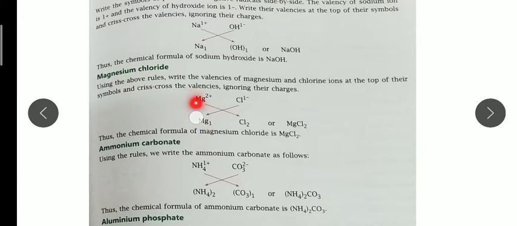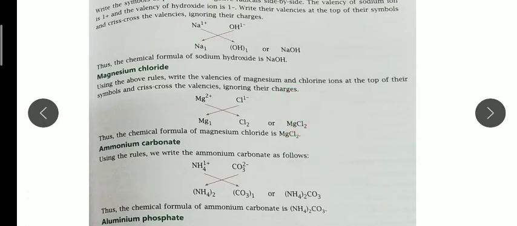Earlier it was Mg 2 plus, now it has Mg1. Earlier chlorine was Cl 1 minus, now it has Cl2. We don't write 1 in any final formula, so we write only Mg, single Mg, Cl2. So the formula will be MgCl2.